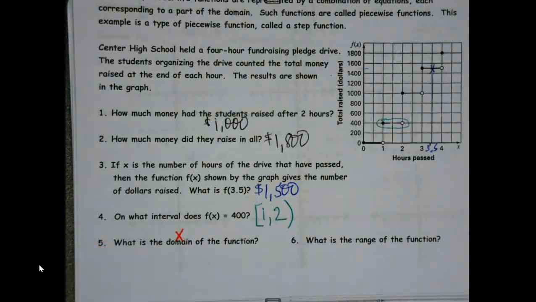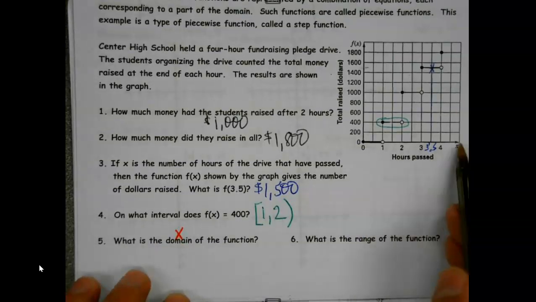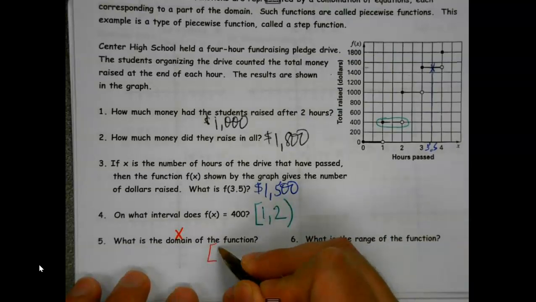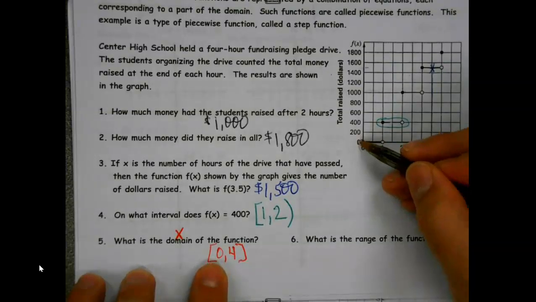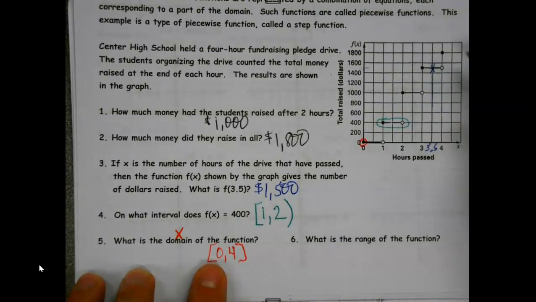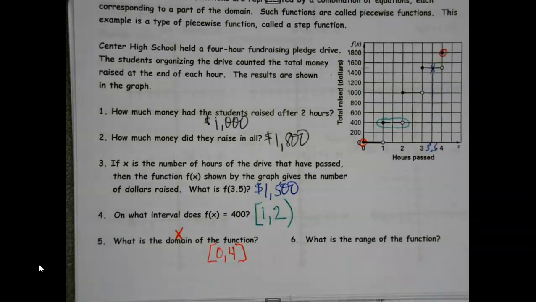And then domain and range. Domain, your least to greatest on your x. I have actual values for how much money I've raised at both the beginning and the end. That's why I'm using brackets for both and not using a parenthesis for either.